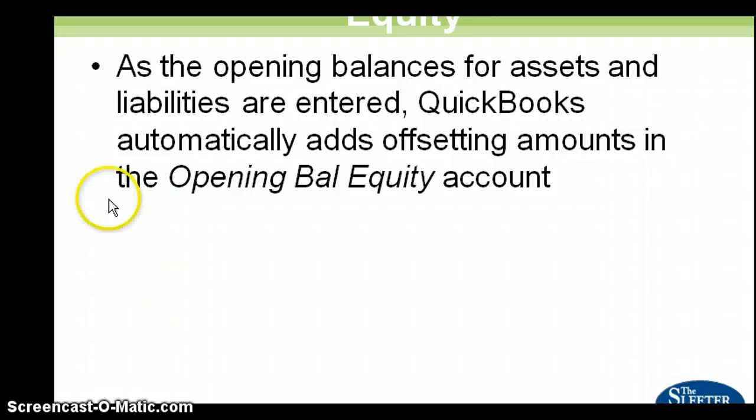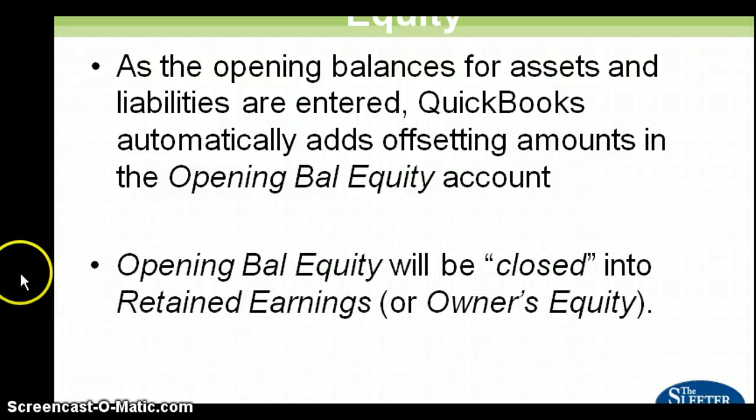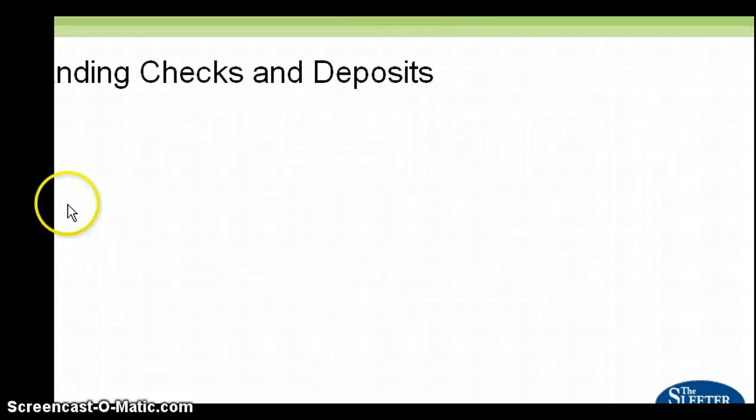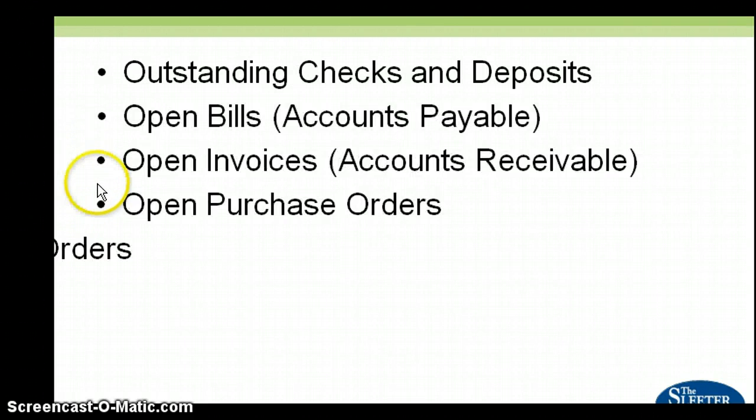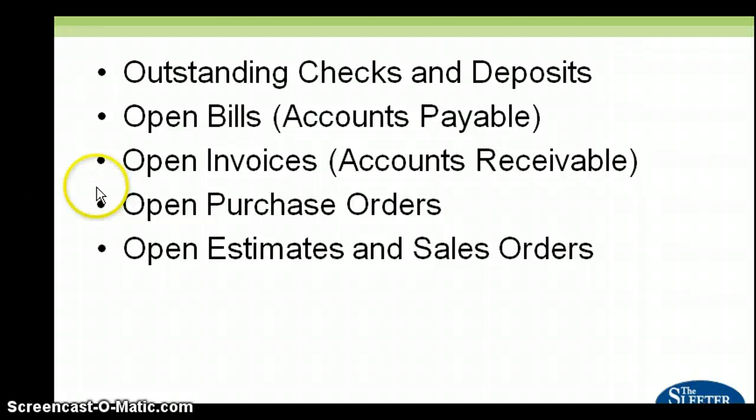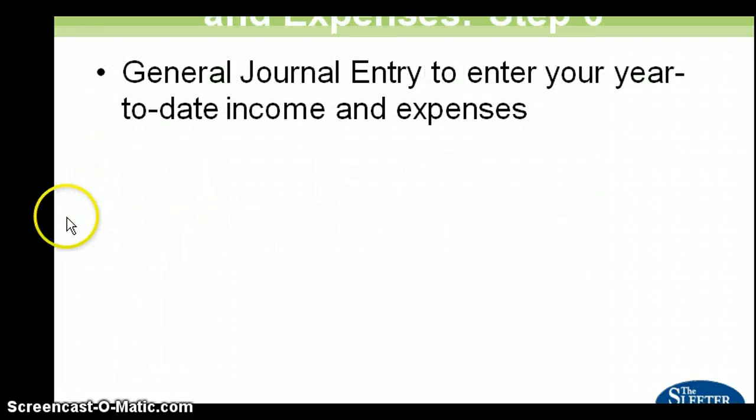Opening balances for assets and liabilities will be offset against the equity account, and that's just letting you know what's going to be the offset when you put in items. We are talking about double entry accounting, therefore a debit has to have a credit. And the final steps will be entering open items, including outstanding bills or other things of that sort.